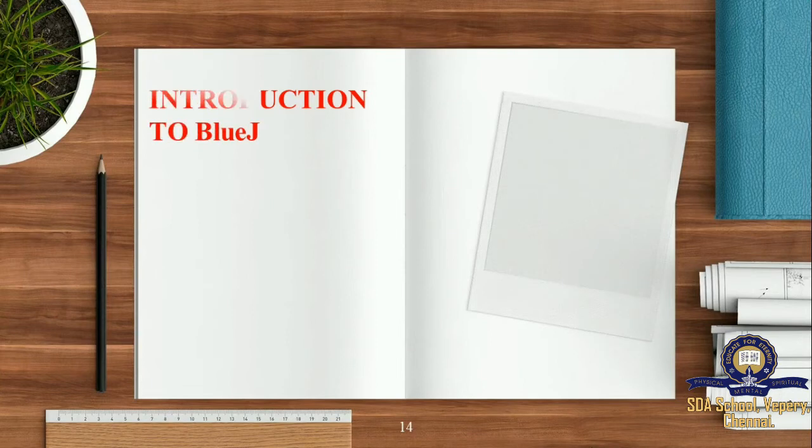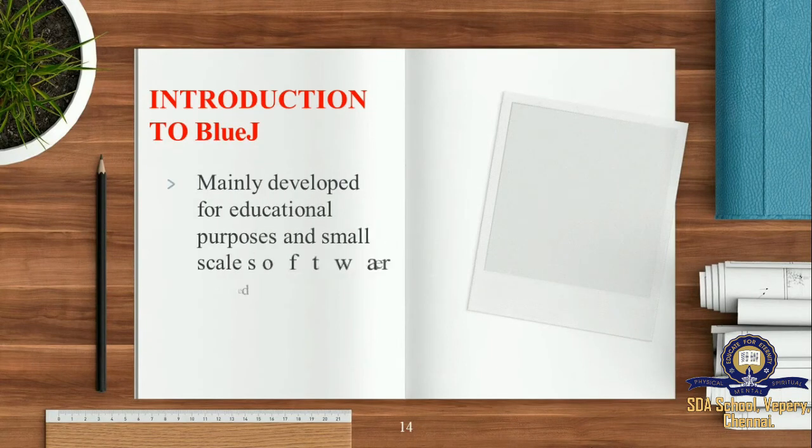Now we are going to see the introduction to the BlueJ text editor. BlueJ is mainly developed for educational purposes and small scale software development in Java. It is developed for Java, so we can use BlueJ on your system to easily develop code.